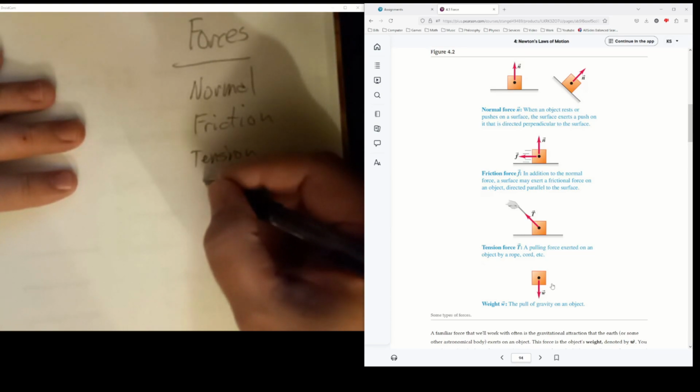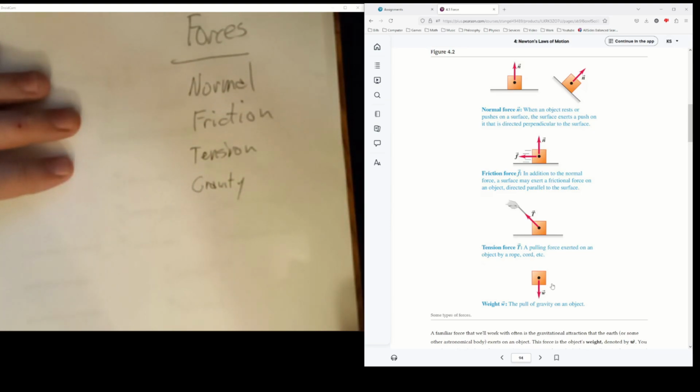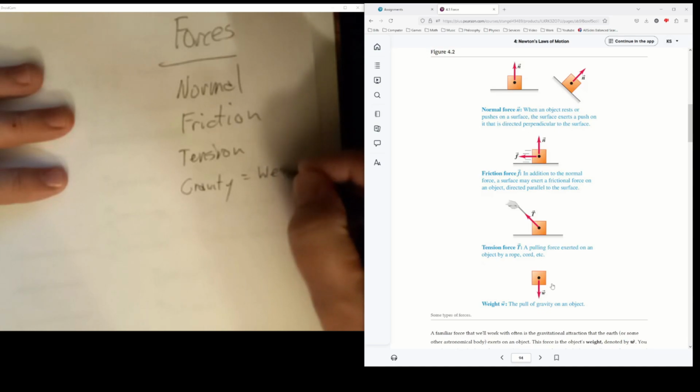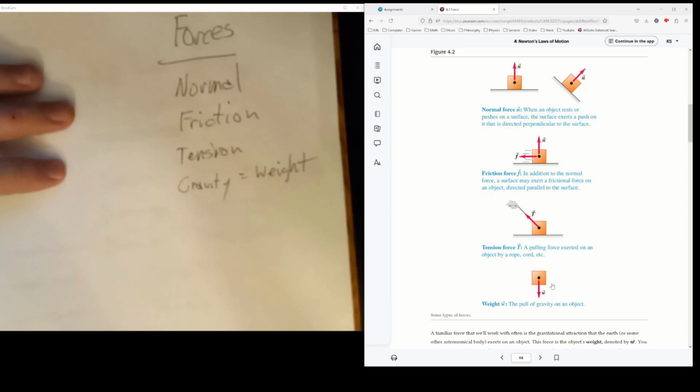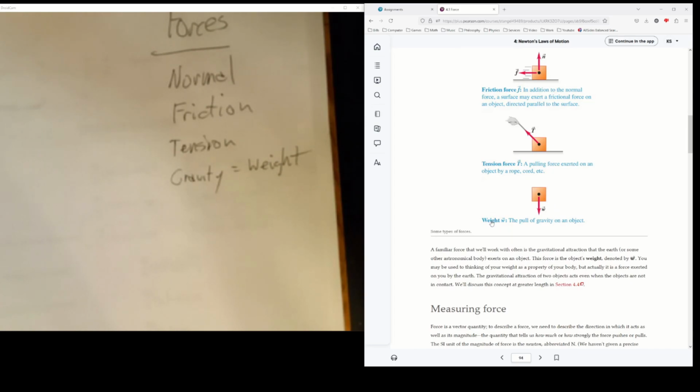And this one can get, I think, a little bit confusing for people sometimes, because this is technically gravity. Gravity is weight. These two get used a lot. You can see looking at the book, it says weight, the pull of gravity. So think of them both ways. You wouldn't feel weight if there wasn't gravity.